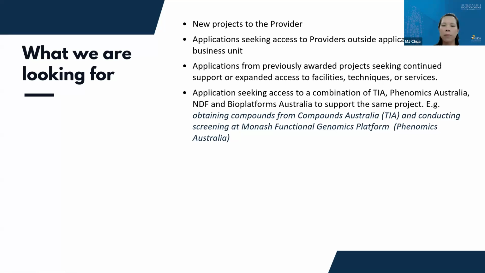We also want to encourage applications seeking access to a combination of TIA, Phenomics Australia, NDF, and Bioplatforms Australia to support the same project, which means that you can apply to access multiple facilities in the same application. So for instance, you can access Compounds Australia that is supported by TIA to get compounds, and then you do your screening at Monash Functional Genomics platform, which is supported by Phenomics Australia.